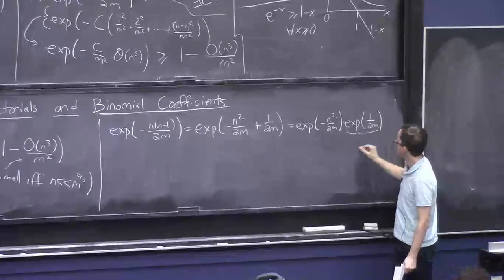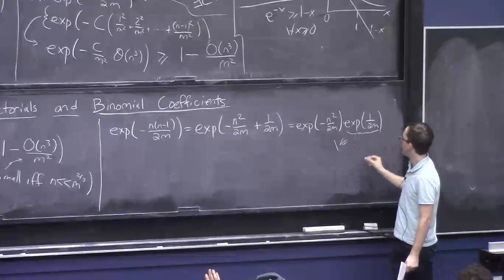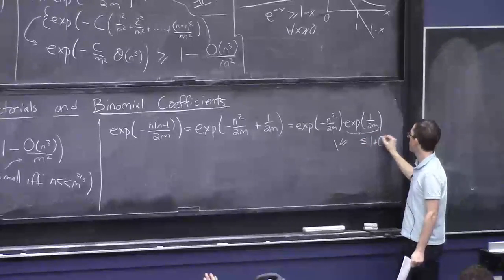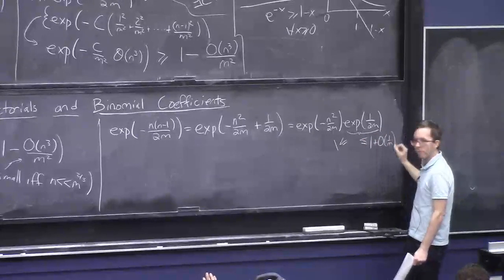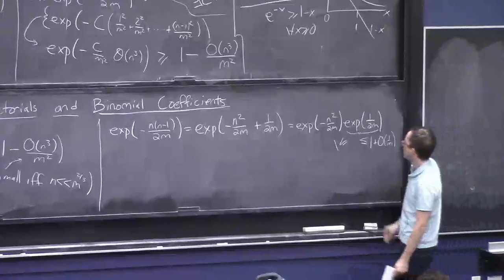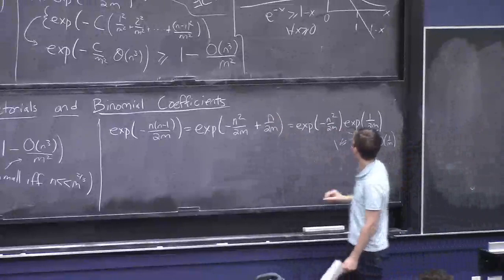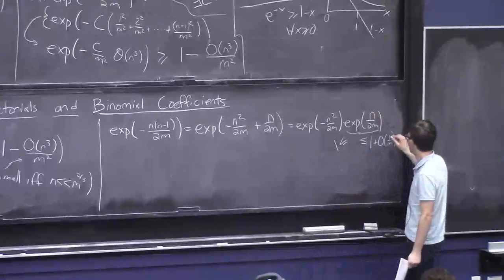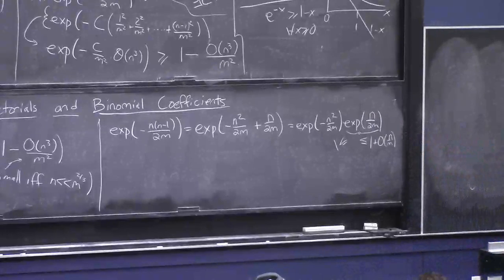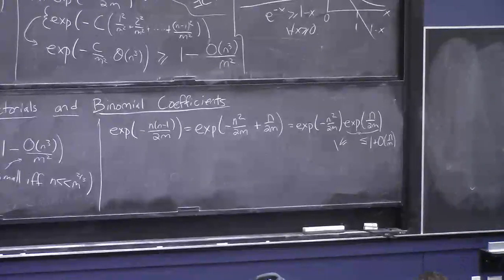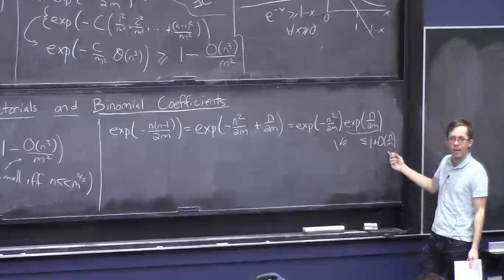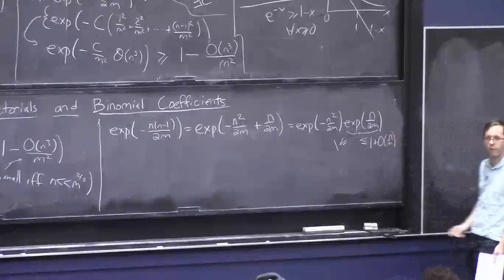So this thing is at least 1, and it's at most 1 plus order n over m. Should it be n over 2m? That looks better. Yeah, good. N over 2m. Thank you. And this fact is true because we're using here that n is at most m, so this is a number that's at most 1.